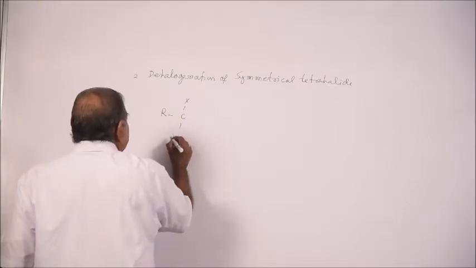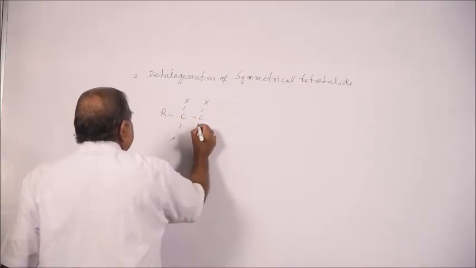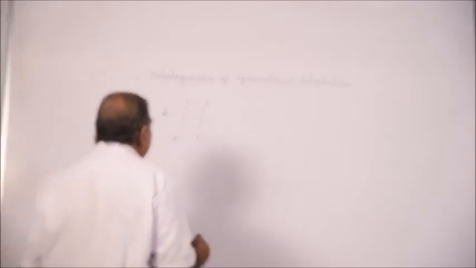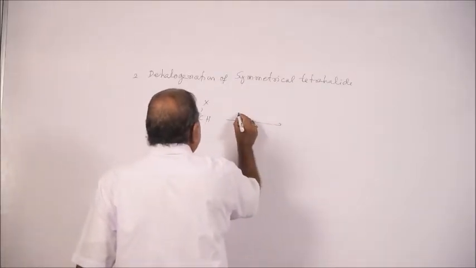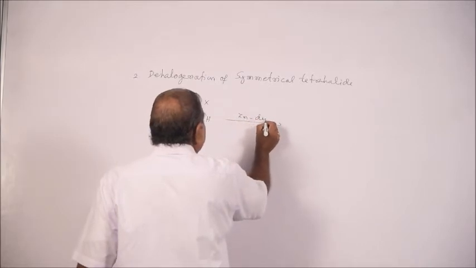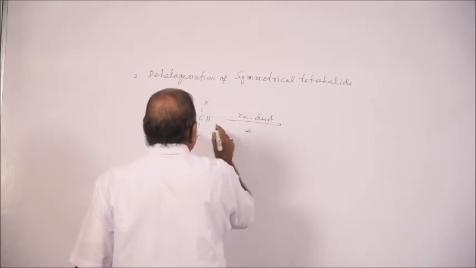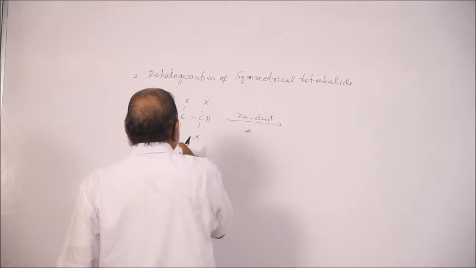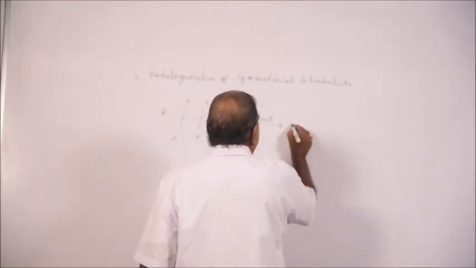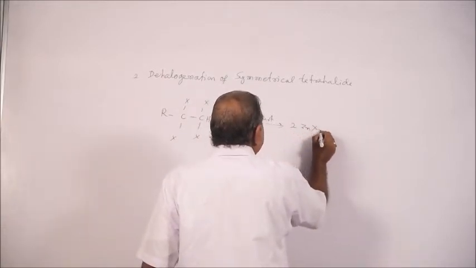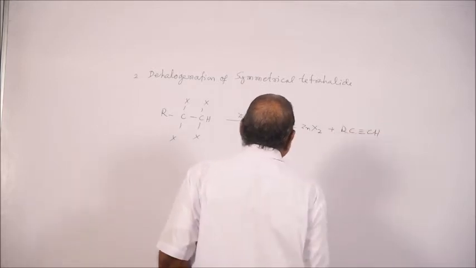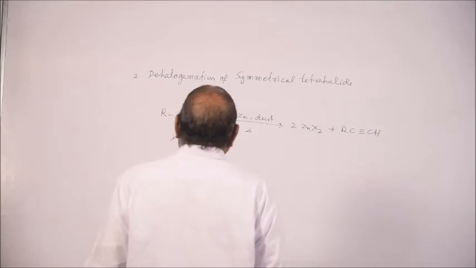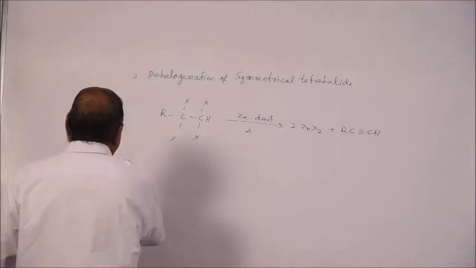That means the four halogen atoms X are each fluorine, chlorine, bromine or iodine, as I have already told you. When it is heated with zinc dust, two molecules of ZnX2 will be eliminated, giving you a C triple bond CH. So this is another method.